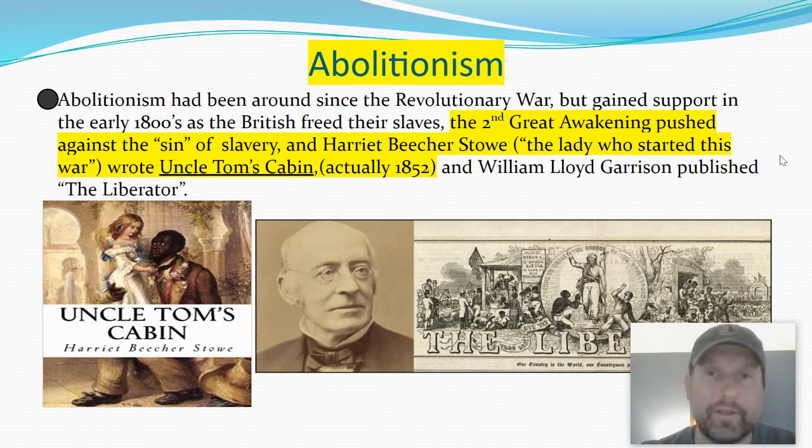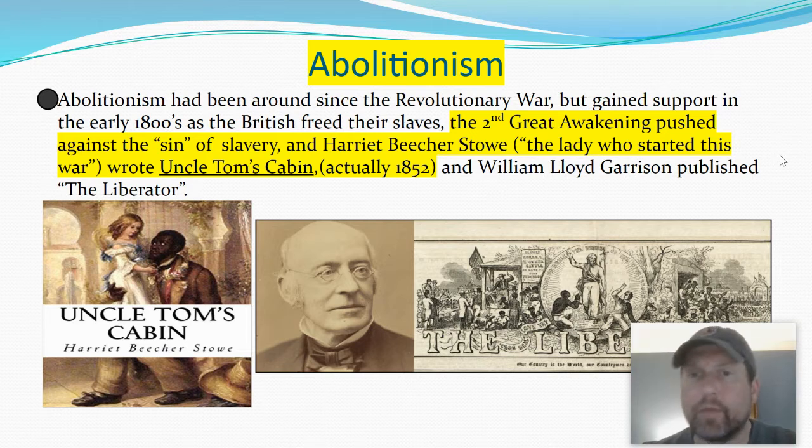It is rumored, at least, that when Abraham Lincoln meets Harriet Beecher Stowe, he says to her, "So you're the little lady who started this whole war." So powerful was her abolitionist message in that work of fiction, and especially when it was carried overseas, that her book has a great impact in expanding and giving volume to the abolitionist movement.